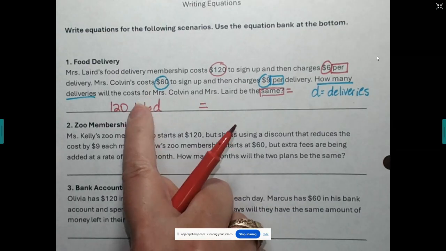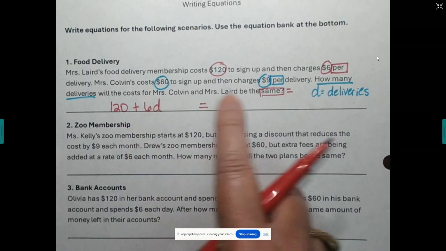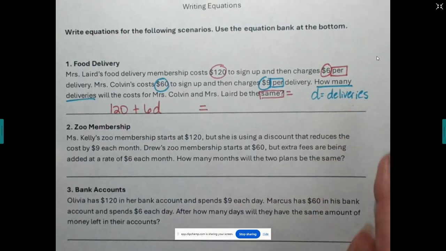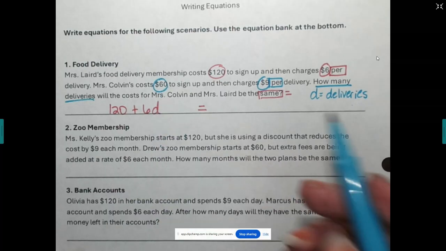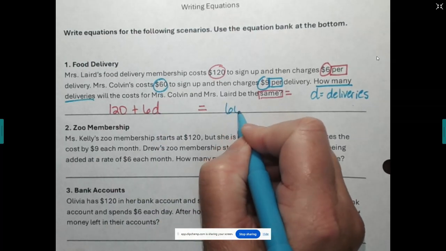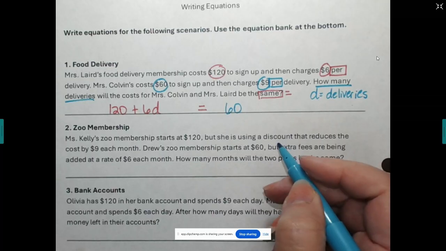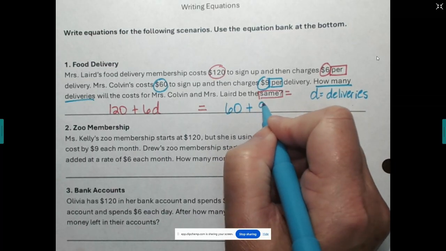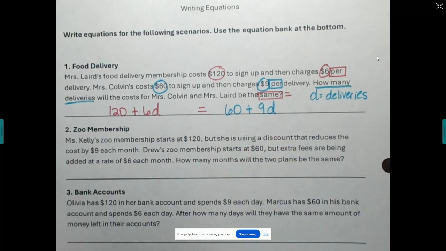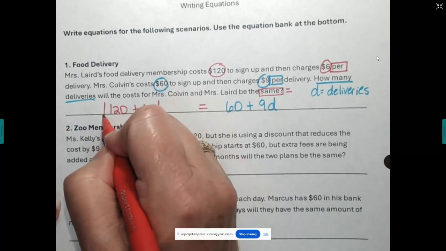So it's 120 plus 6 deliveries, $6 per delivery. And on the other side of the equation in blue, it costs $60 to start up with Miss Colvin's service, and then we're also going to charge an additional $9 per delivery. So this is my equation right here.